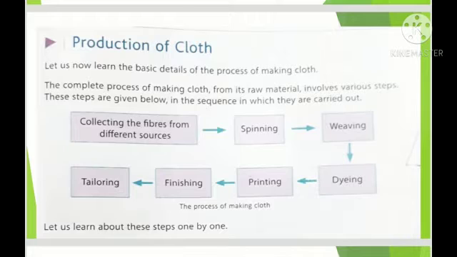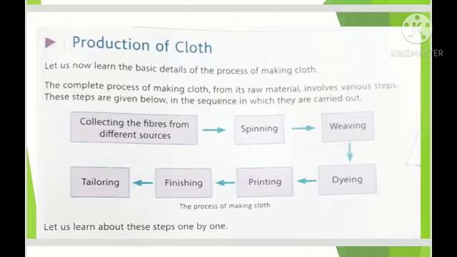The complete process of making cloth from its raw material involves many processes, and these steps are given here sequence wise. Means what is the first step in this process, second, and onward up to the end.